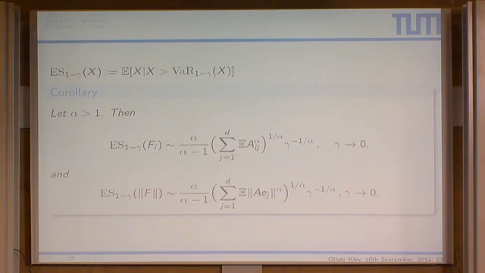We can not only do that for the value at risk, but also for the expected shortfall and get similar formulas. So this is essentially the value at risk, and you get an additional factor depending on alpha. Because this alpha is greater than 1, the expected shortfall is also greater than the value at risk in this classical framework.